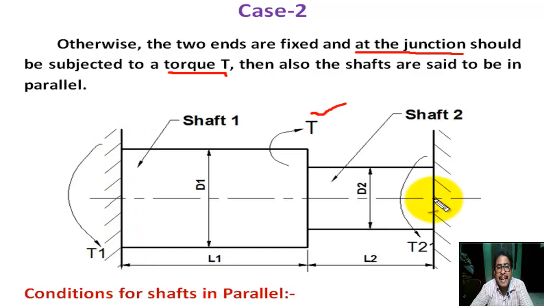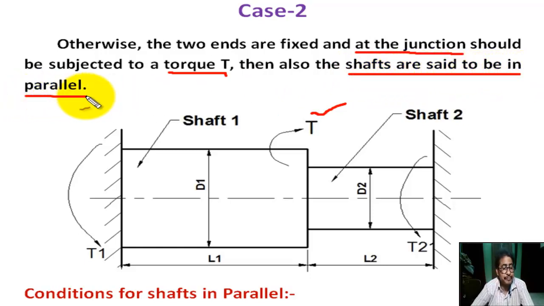If two ends are fixed and a torque T is applied at the junction, then also the shafts are said to be in parallel. It is just like series shafts, but this end and this end are fixed. In this case, it is considered as a parallel shaft.